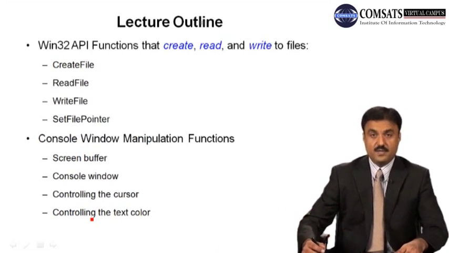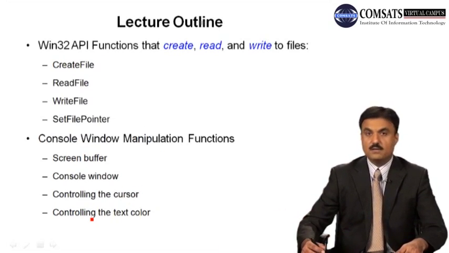In this lecture we will continue the Windows 32 console programming, and here we will see the other functions which can be used for file creation, file deletion and file writing and so on. So how can we create a file, read a file, open a file and write information to a file.